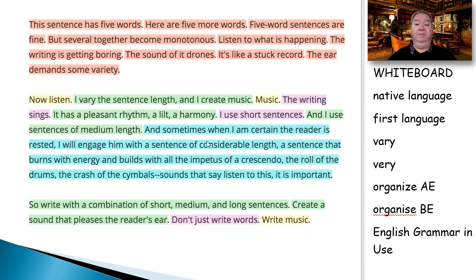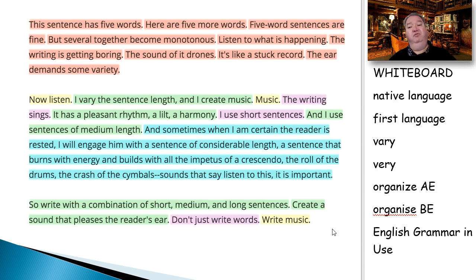And sometimes when I am certain the reader is rested, I will engage him with a sentence of considerable length, a sentence that burns with energy and builds with all the impetus of a crescendo, the roll of the drums, the crash of the cymbals. Sounds that say, listen to this. It is important. So write with a combination of short, medium, and long sentences. Create a sound that pleases the reader's ear. Don't just write words. Write music.